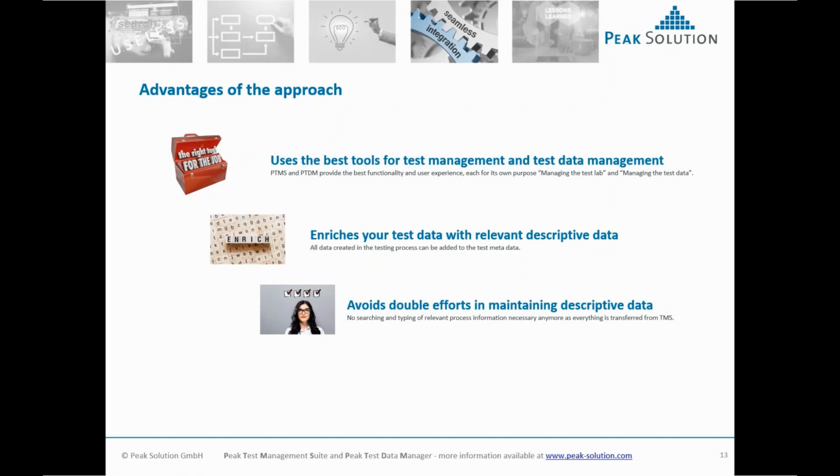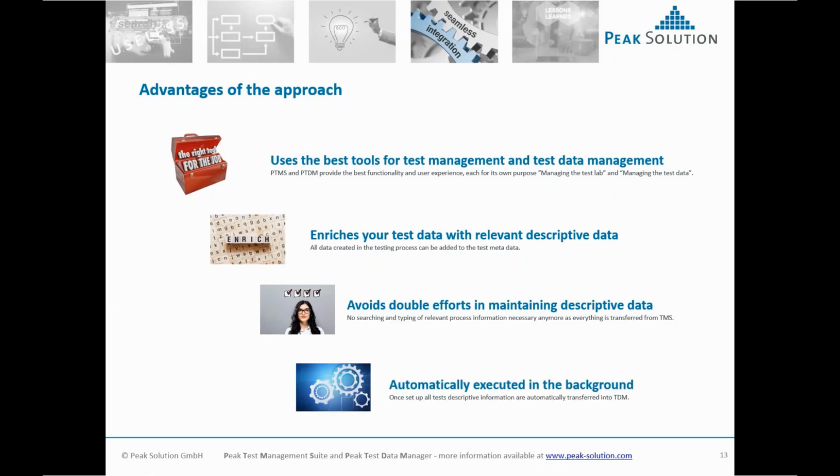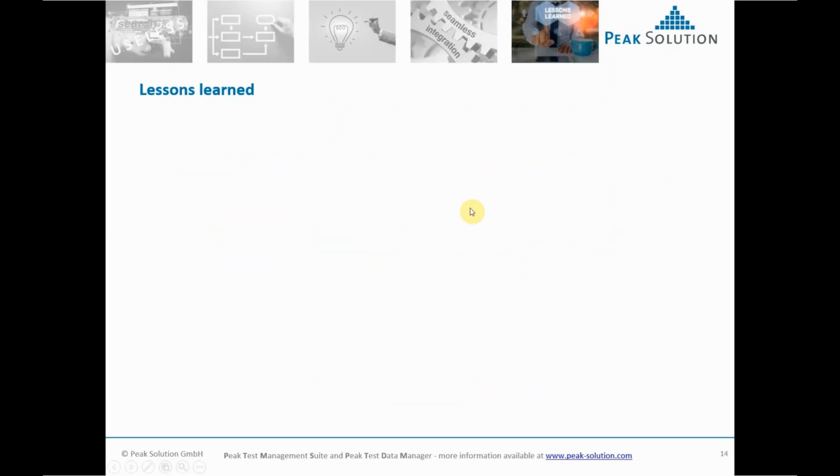Third, you avoid mistakes and lots of tedious work if everything already maintained in TMS will automatically be part of your test data management. And number 4, once the rules are set and the mechanism is set up, everything runs automatically in the background. No user interaction is needed.